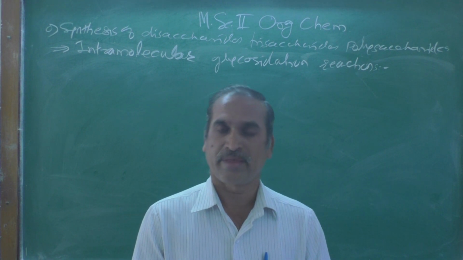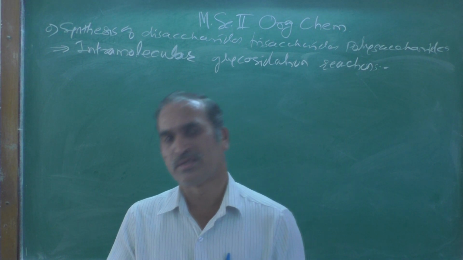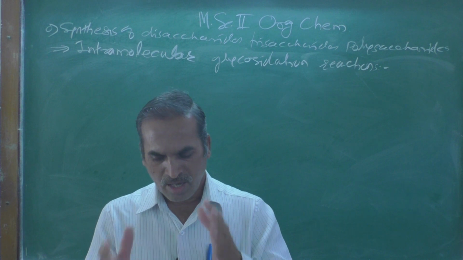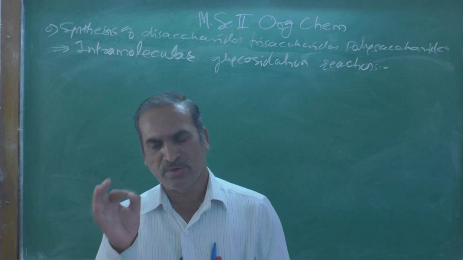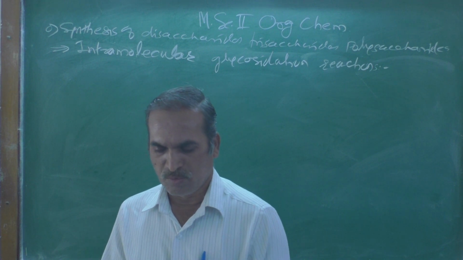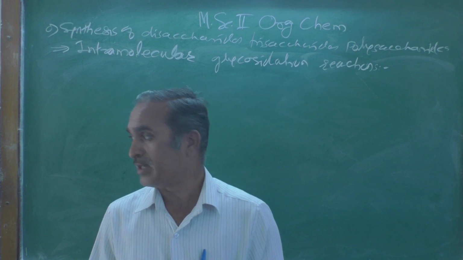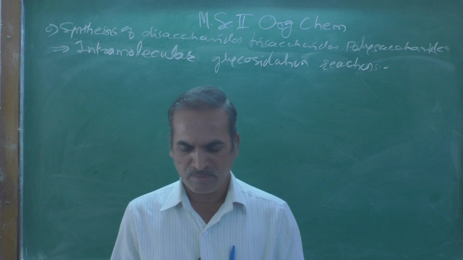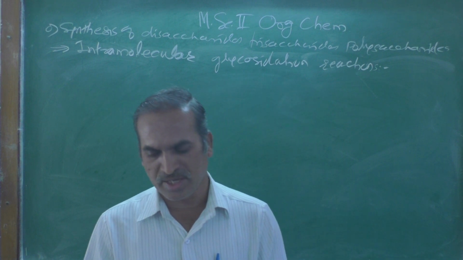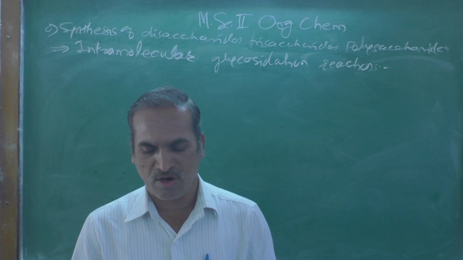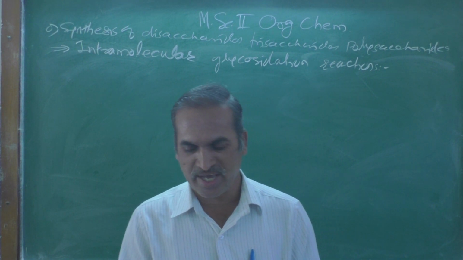Now let us discuss a little bit about the introduction. Carbohydrate derivatives found in nature are almost always linked to each other by glycosidic bonds, and there has been increasing interest in the synthesis of biologically active oligo- and polysaccharides.